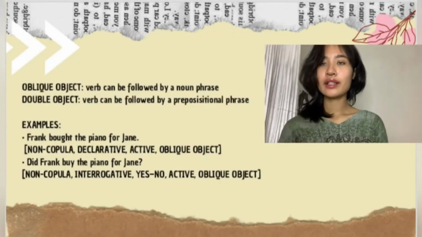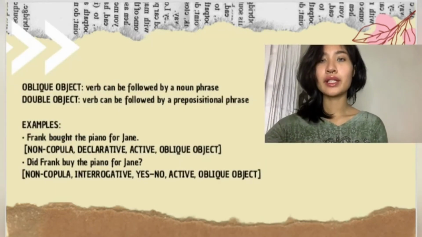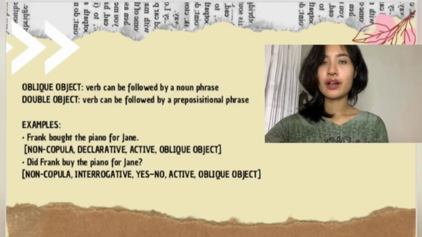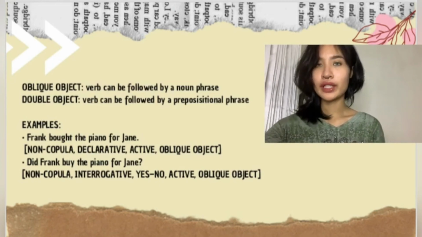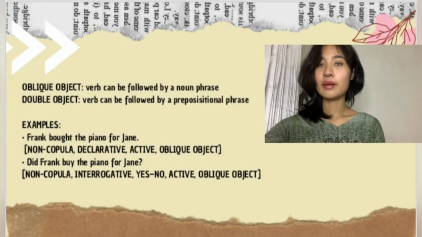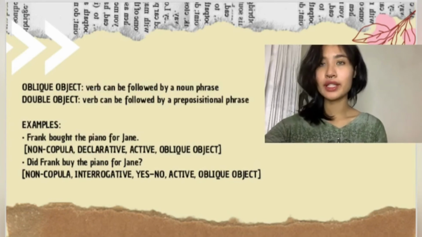And then there are the objects that can be seen here, which are oblique object and double object. Oblique object means the verb can be followed by a noun phrase and a prepositional phrase. And then there's the double object, which means the verb can be followed by two noun phrases.